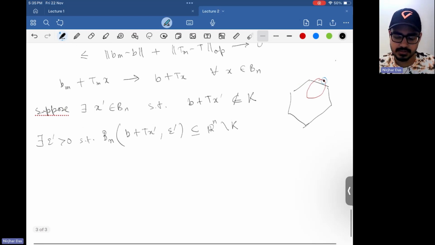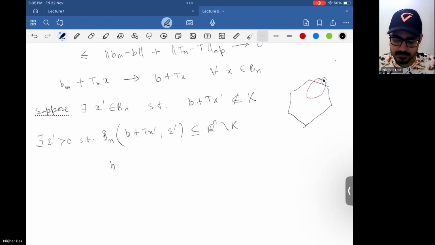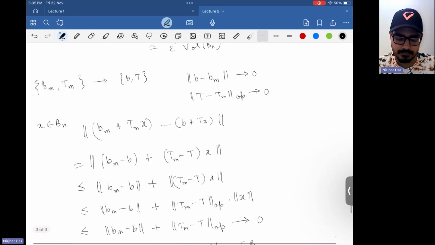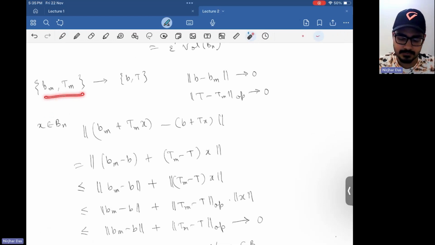So if the first condition holds, then the second condition holds. And the essential thing to note here is that the points bm plus tm of x dash still converge to b plus t of x dash, right? And we have that this bm plus tm x dash always lies within the convex body because we picked the sequence bm, tm to lie in F epsilon, right?